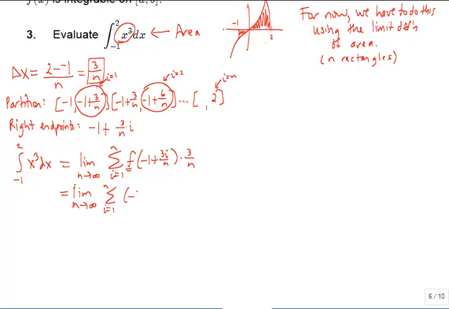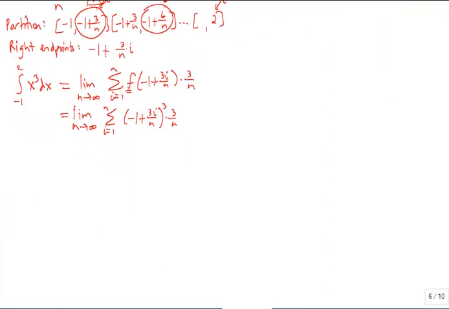So this is going to become -1 plus 3i over n quantity cubed times 3 over n. So now at this point we're going to need to do some simplifying. Take that regular width, that partition width, and pull it out. It doesn't have an i in it, so we're allowed to pull it out of our sum.